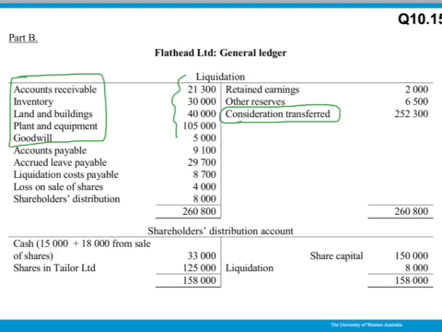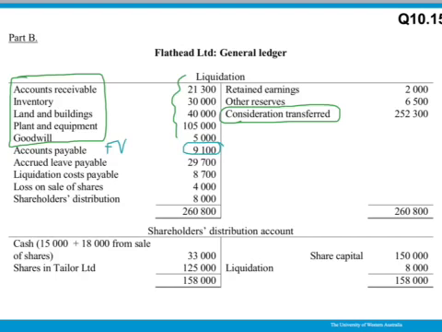Now, if you recall from the question, there was a figure of 9,100 for the accounts payable to bring the recorded amount to what actually had to be paid in terms of the liquidation process, which is represented by the fair value of the accounts payable.